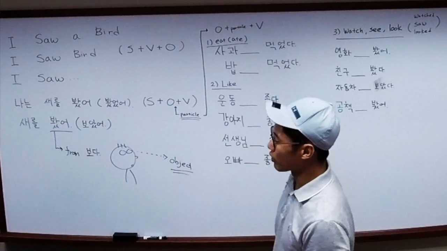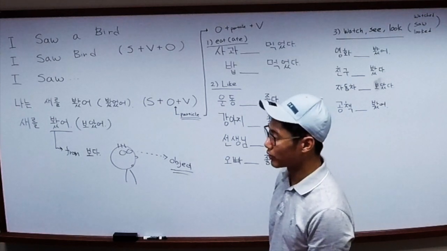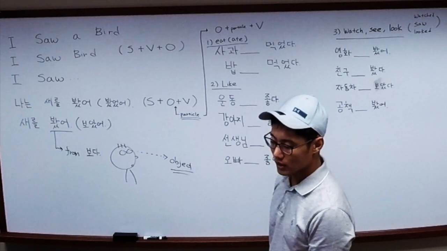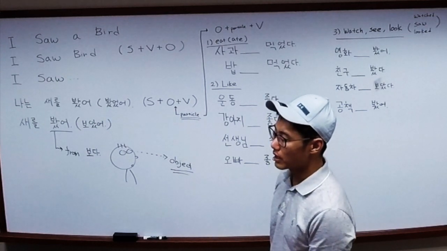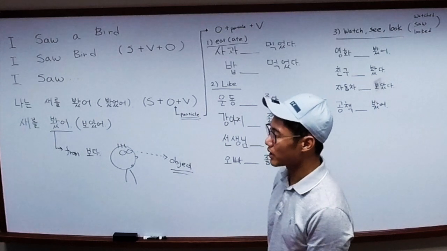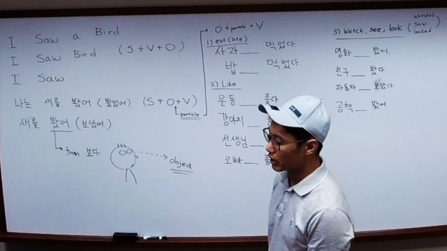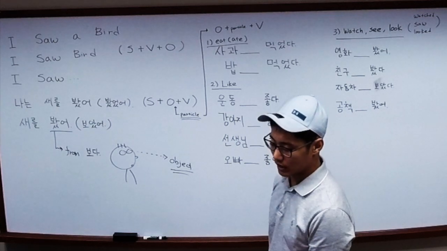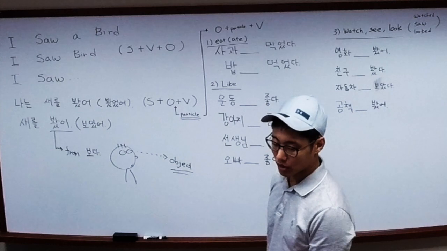But Korean is more topic prominent. So although you omit the subject, they'll implicitly know, they'll think of the subject in their heads, and they'll know what subject you're using. So Korean is more designed to be topic prominent.